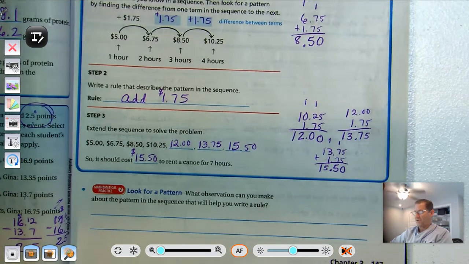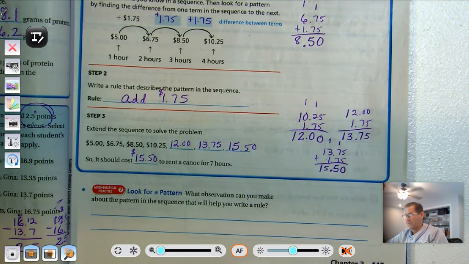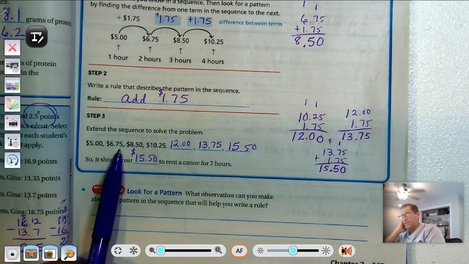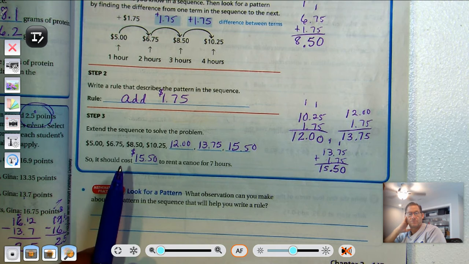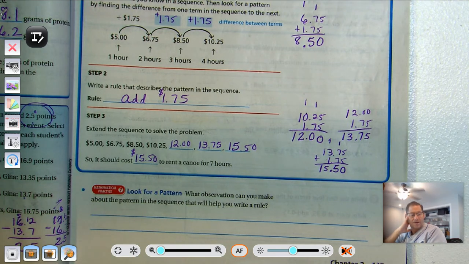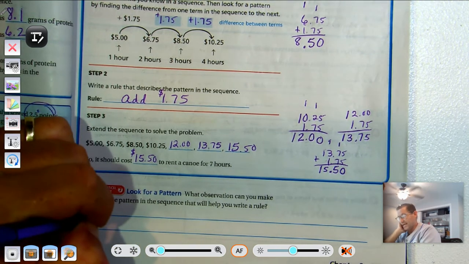What observation can you make about the pattern in the sequence that will help you write a rule? Well, first off, are the terms increasing or decreasing? Are the numbers getting bigger or getting smaller? Well, they're increasing, right? So the terms are increasing by the same amount.